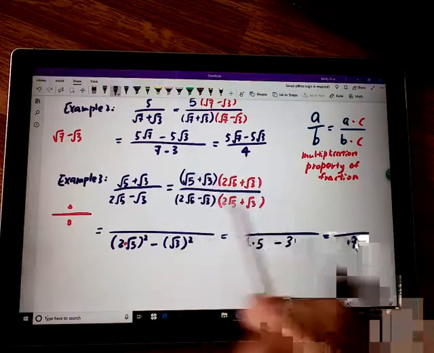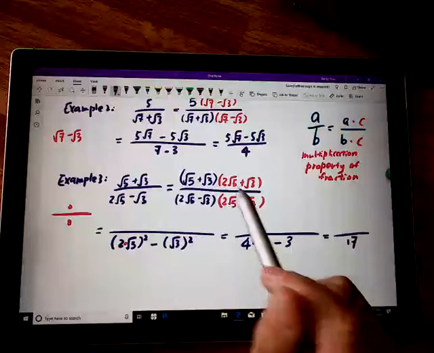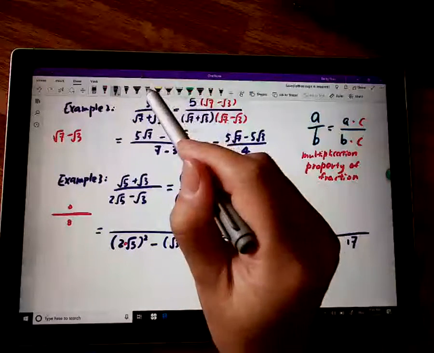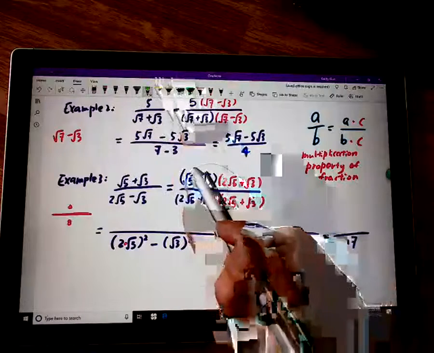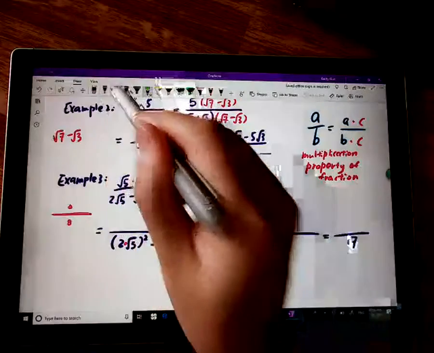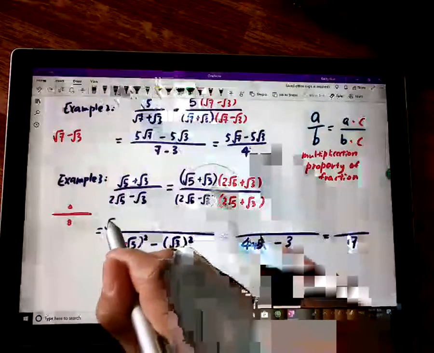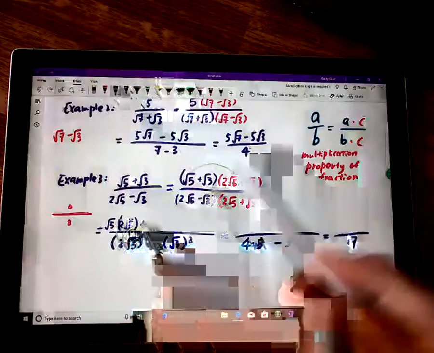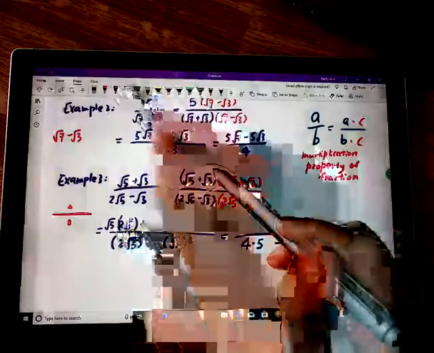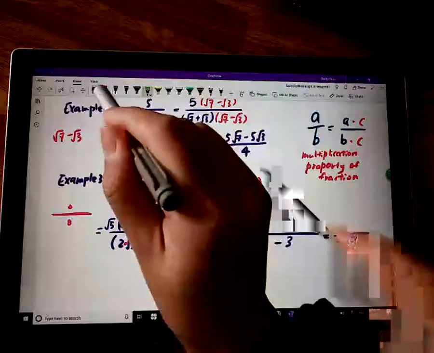Now let's deal with the numerator. How about this time, let's do George. Did we talk about George before? This is the left eyebrow. So we have root 5 times 2 root 5. Right eyebrow, this is root 3 times root 3.